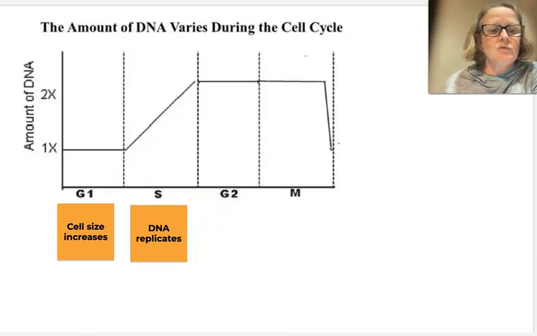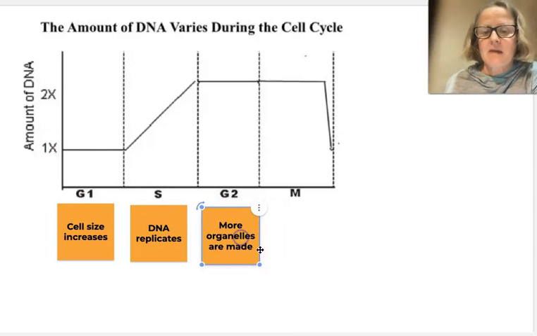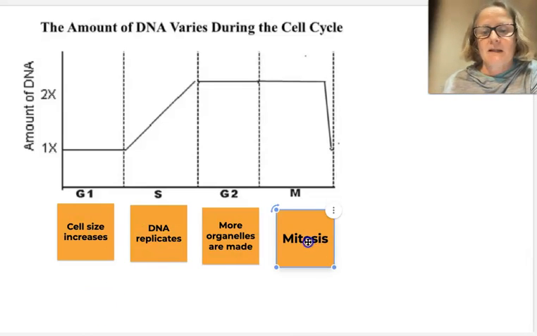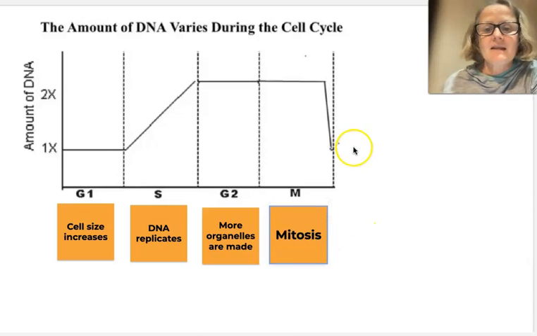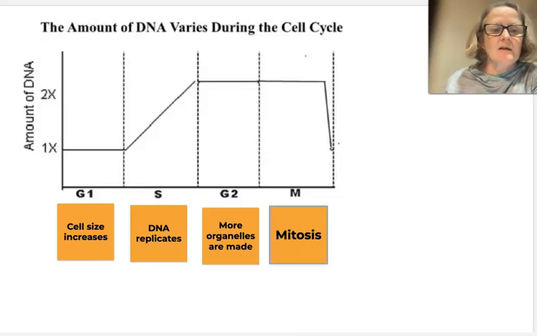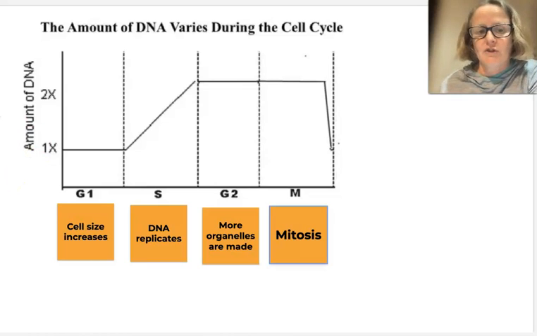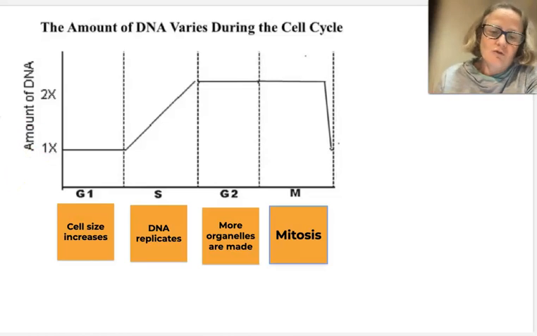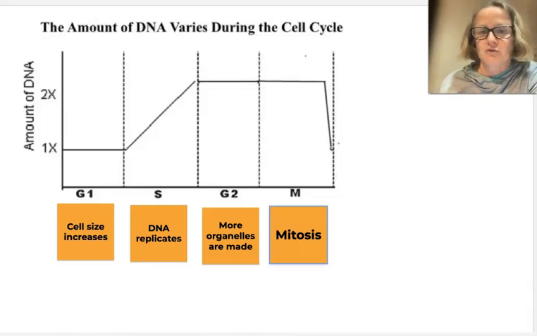Then in G2, that's when the organelles are being made to make sure there's going to be enough for both of the cells. And then the cell actually undergoes mitosis. And at the very end of mitosis, when the cell is splitting in two, the two new cells go back to having the original amount of DNA. Because of course, during mitosis, you produce identical cells at the end of the process.